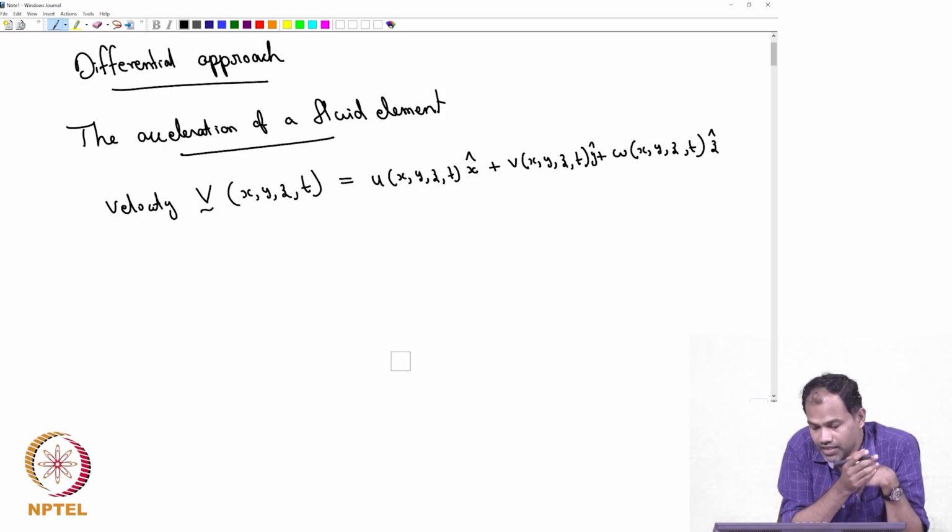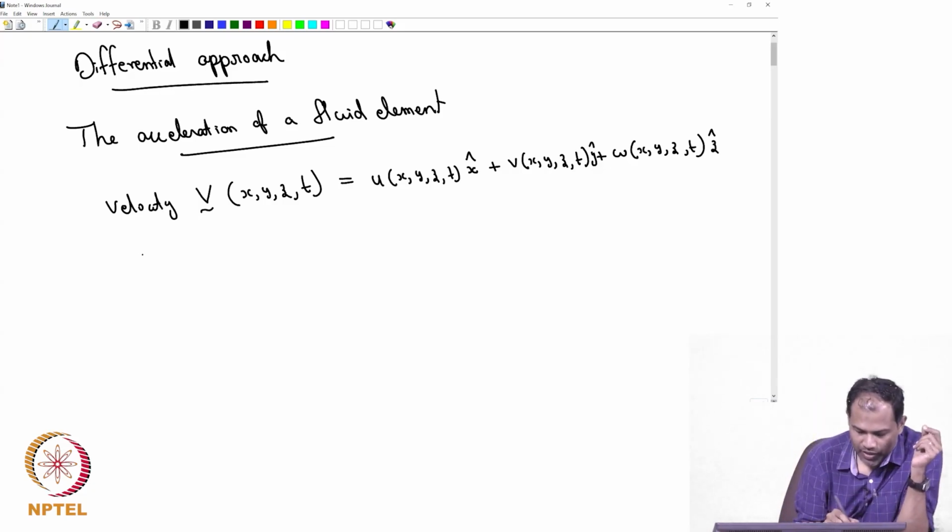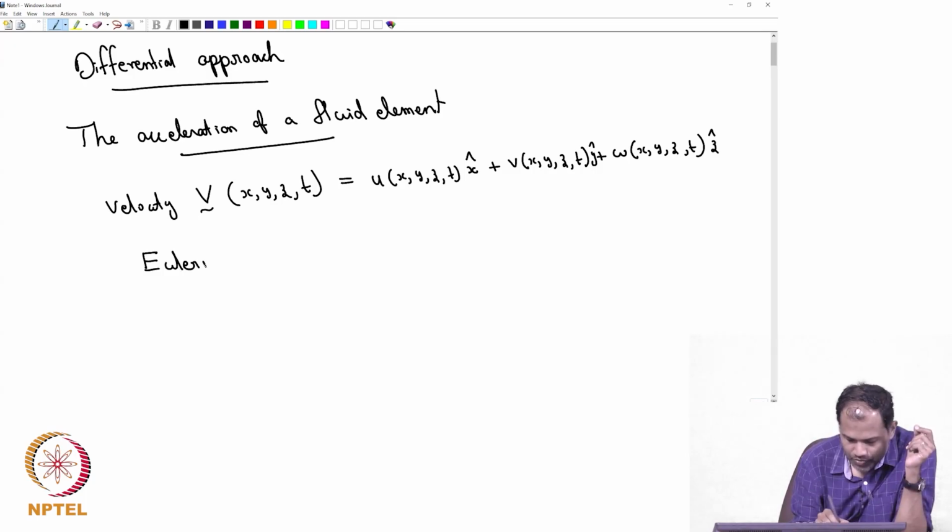There will be an acceleration because velocity is changing in space and time, so you will definitely have an acceleration. The question is, how are you going to calculate the acceleration? You can do the calculation in two different ways. Either you can talk about an Eulerian approach, or you can talk about a Lagrangian approach.